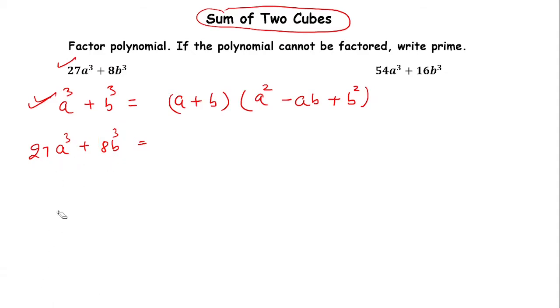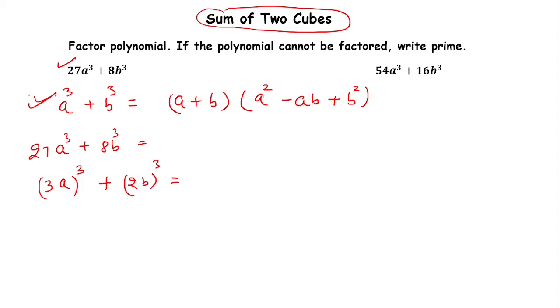How can I write 27 as a perfect cube? 27 is nothing but 3 cube, and a cube is a cube only. It means I can write 27a cube as 3a whole cube. Same here, 2b whole cube.